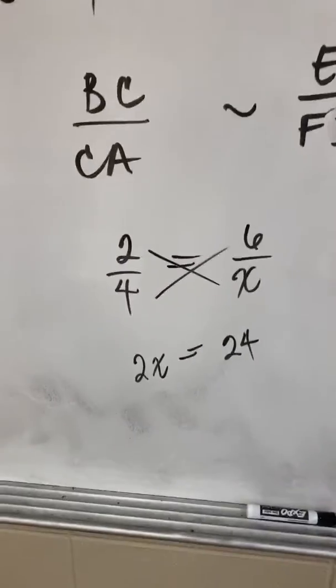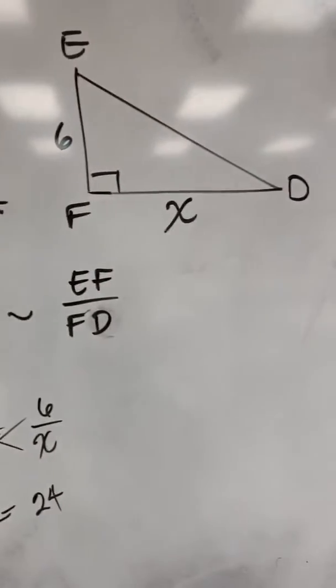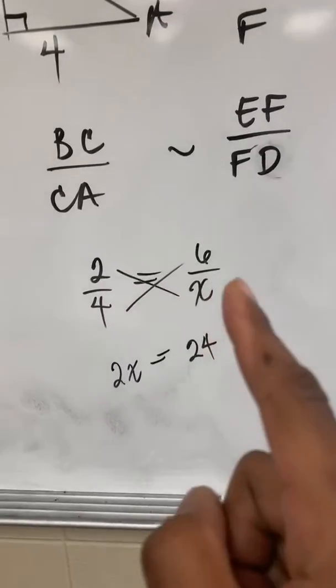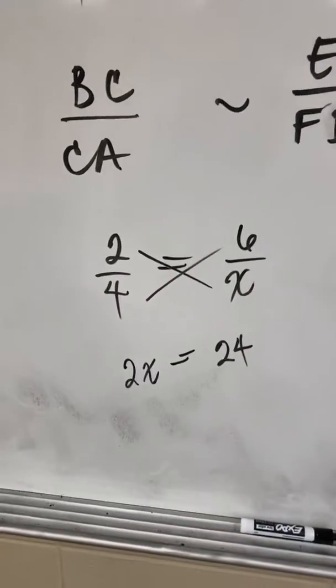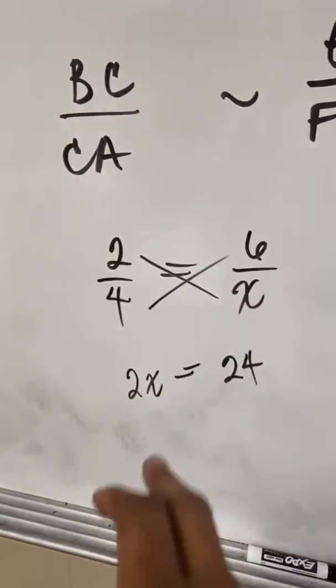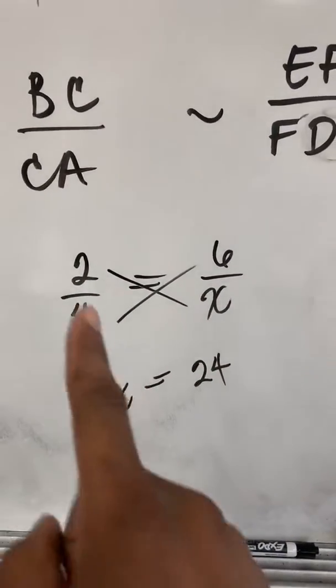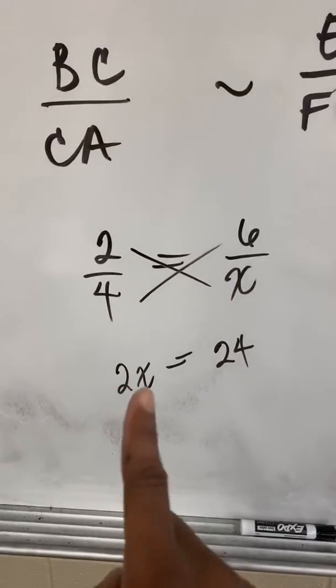All right, so BC is a 2, CA is a 4. That's why I have a 2 over 4. EF is a 6, FD is an X. That's why I have a 6 over X. We go straight into verifying. Just the way we verify when we know all 4 numbers is the same thing, even if one is missing, all right? So if I multiply these 2 together, I get 2X.